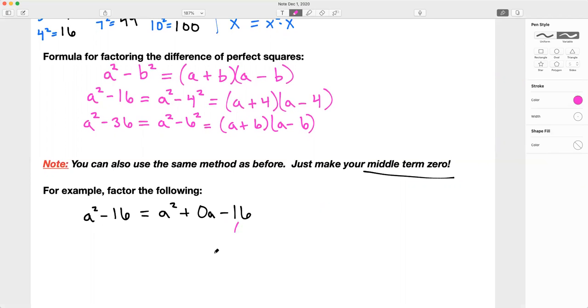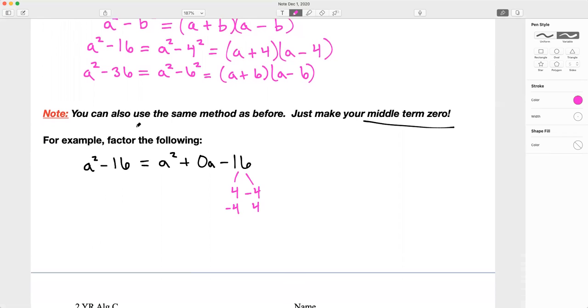So we're thinking about factors of 16. Okay, we've got 4 and 4, or negative 16, I'm so sorry, 4 and negative 4, or negative 4 and 4. And already right away I can see that that's the answer, but we can continue here. So negative 2 and 8, and then 2 and negative 8, and so on and so forth.